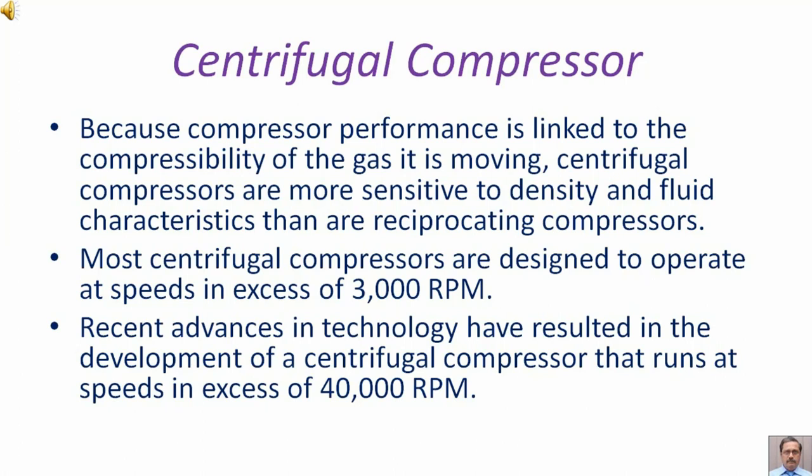Most centrifugal compressors are designed to operate at speeds in excess of 3000 rpm. Recent advances in technology have resulted in the development of a centrifugal compressor that runs at speeds in excess of 40,000 rpm.